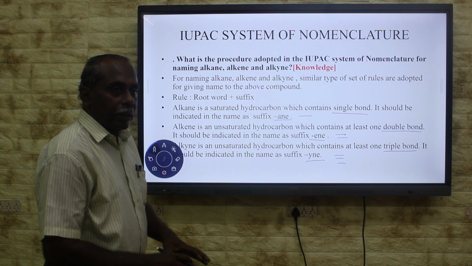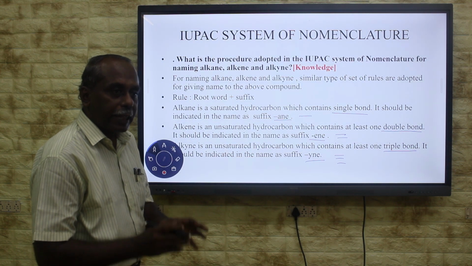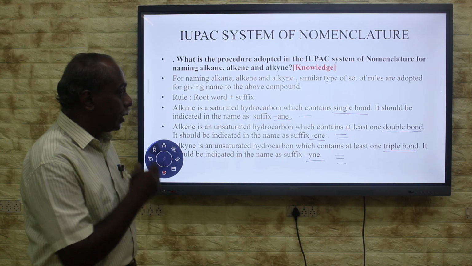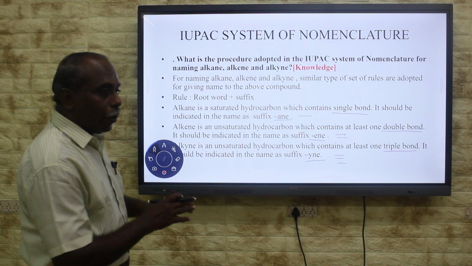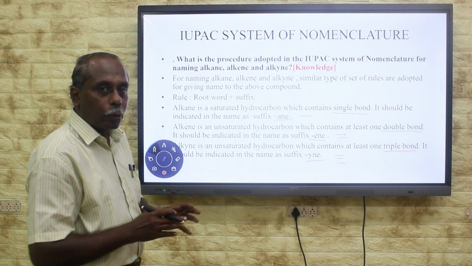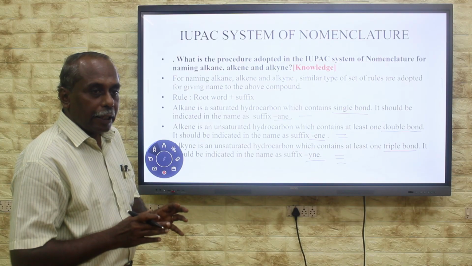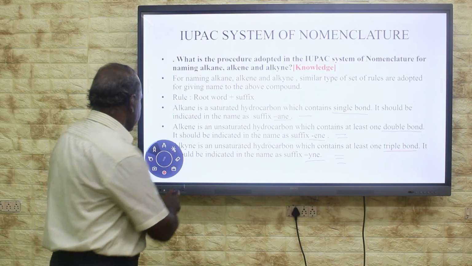That is, the suffix indicates whether the compound is saturated or unsaturated. Those things will be given in the suffix. It is a simple logic. With the help of this set of logical rules, we can give the IUPAC name to alkane, alkene, alkyne very easily.